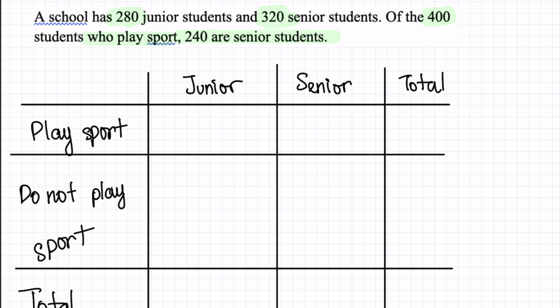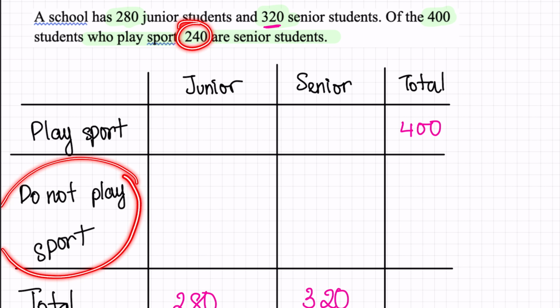Alright, for junior, 280. So the total of junior is 280. 320 senior, 320 senior here. 400 students who play sport here. They do not tell us junior or senior, so 400 is supposed to be here. And 240 students who do not play sport is here.